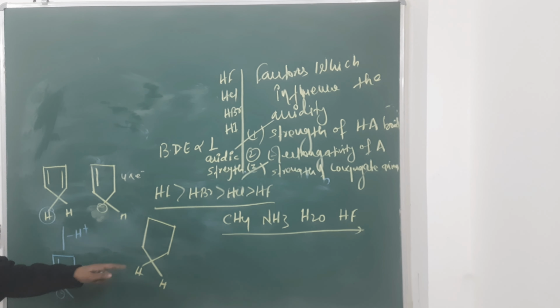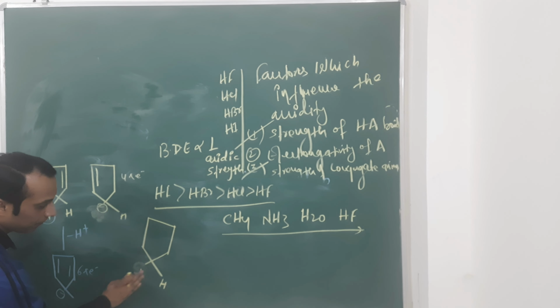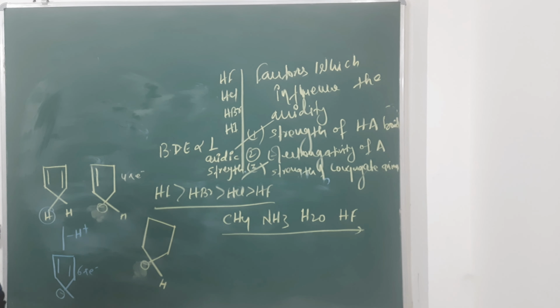In the third, one hydrogen is removed and there is a negative charge. Which will stabilize the negative charge more? Obviously this one is aromatic, so it stabilizes more than the other two compounds. So it is more acidic than the second, and then the third.